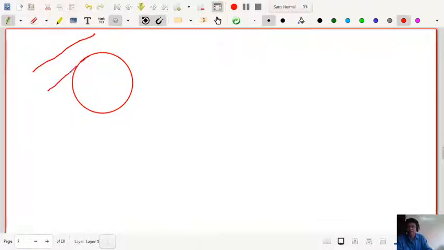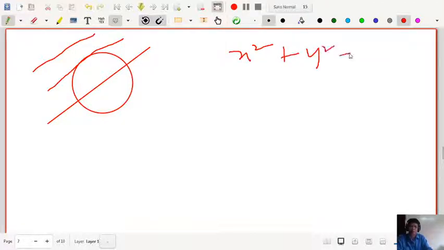There will be three possibilities actually: the straight line may touch the circle, intersect the circle, or not intersect. So your circle is x square plus y square equal to a square, and y equal to mx plus c is the straight line.